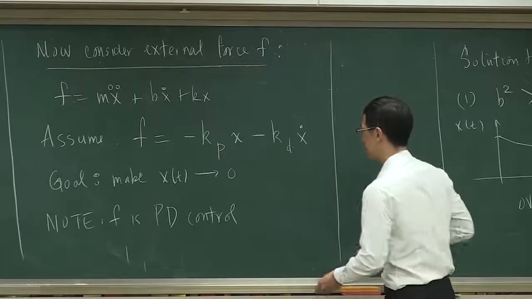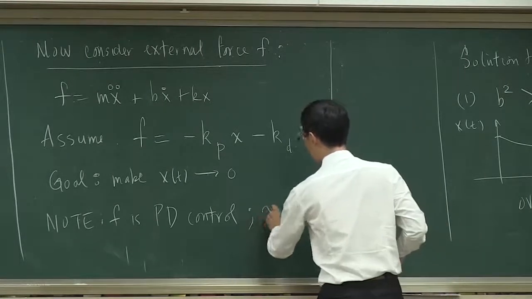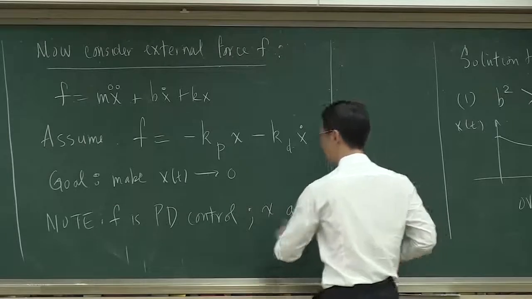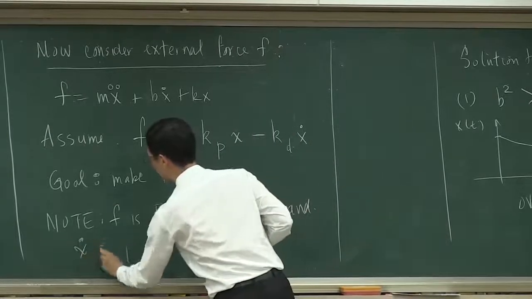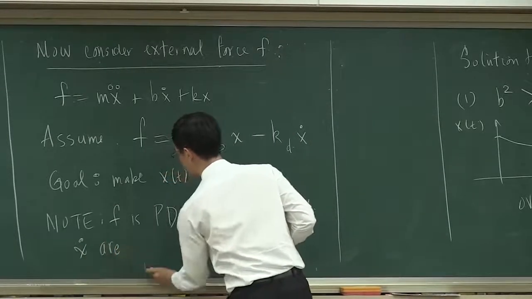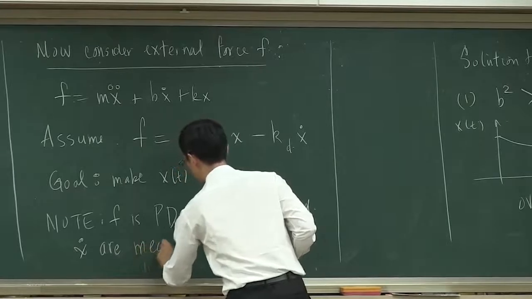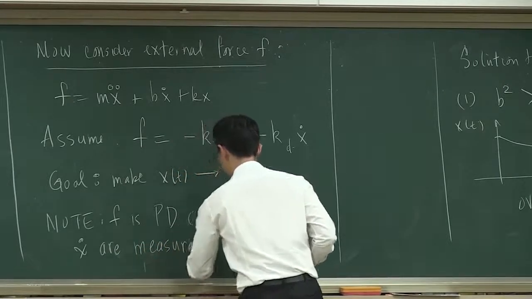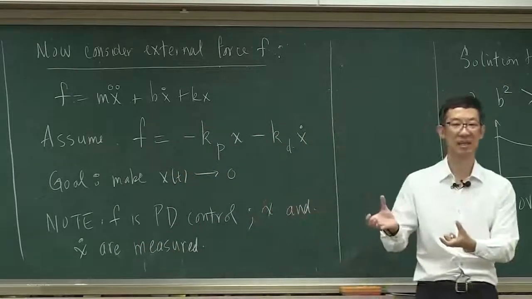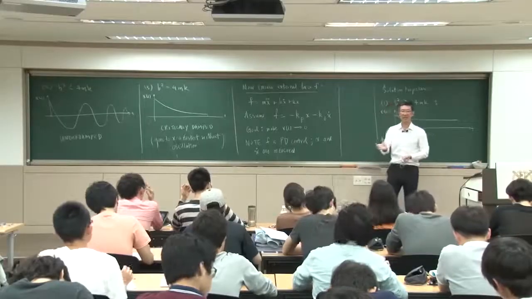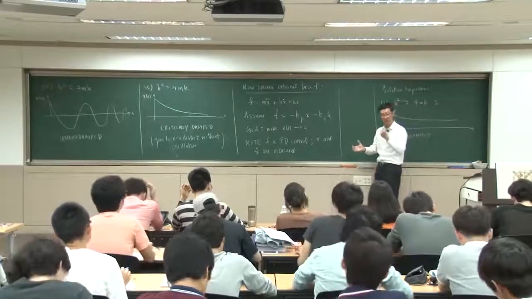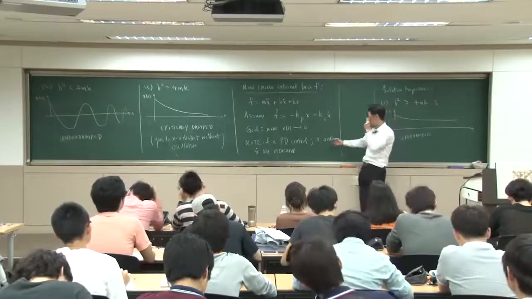So we measure x and x dot. We have sensors attached to this mass, which give us measurements of x and x dot.